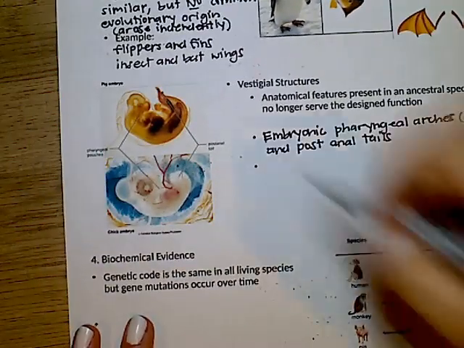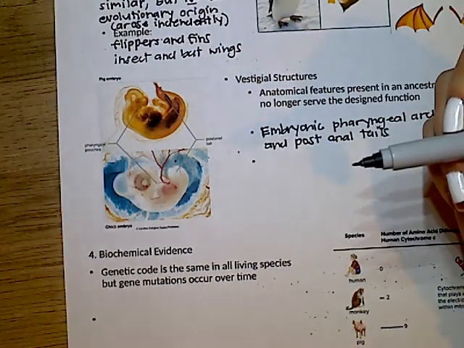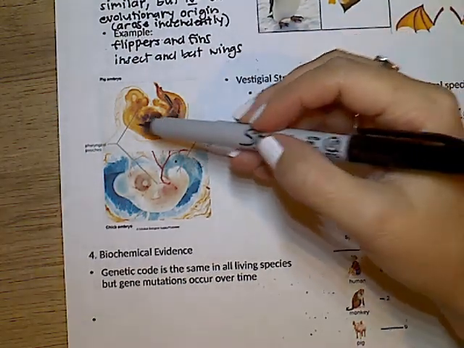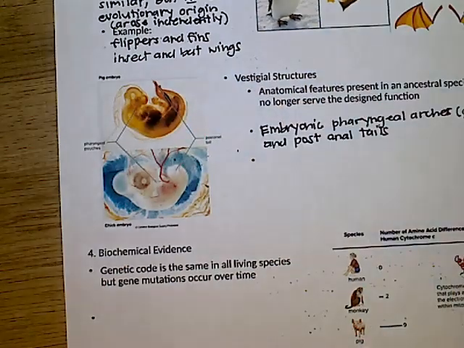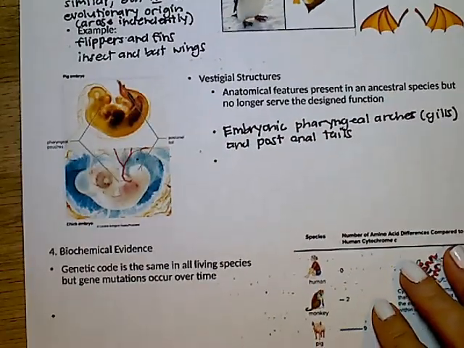So if you look at a pig embryo and a chick embryo, early on in development, they have these pharyngeal pouches and a post-anal tail, as do humans at some point early on in development.